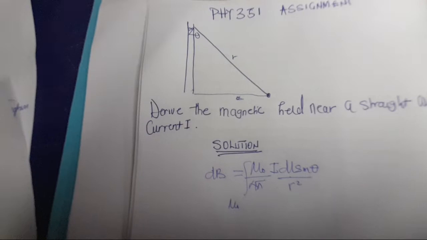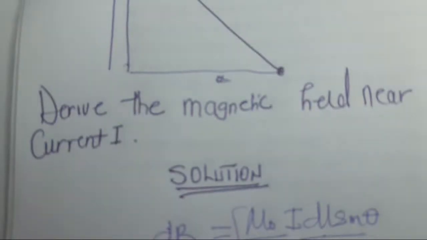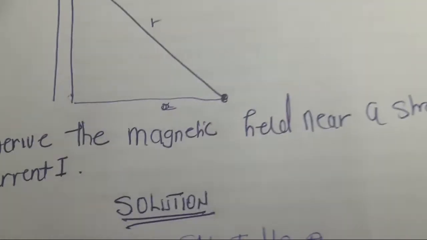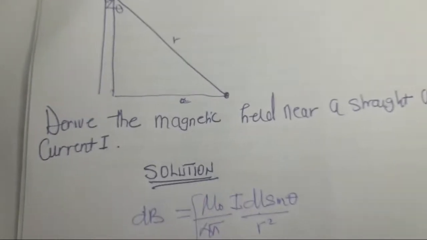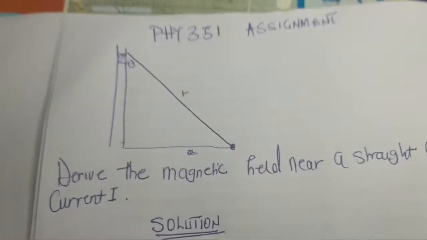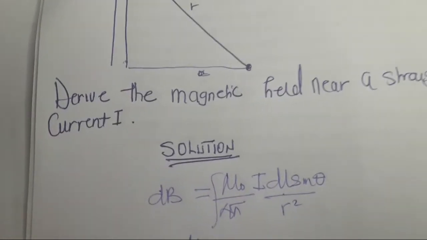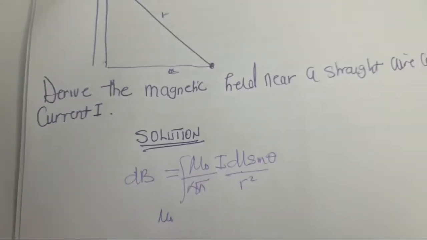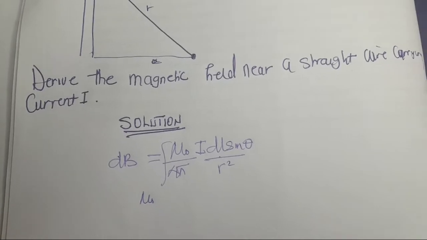It says here, derive the magnetic field near a straight line carrying current.